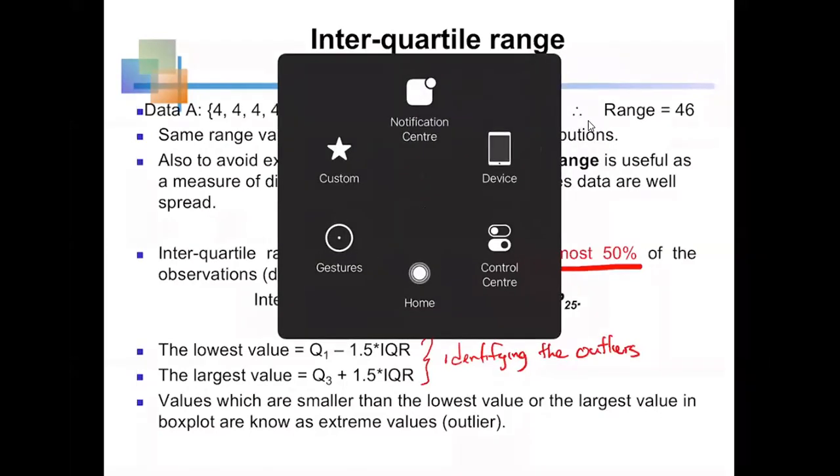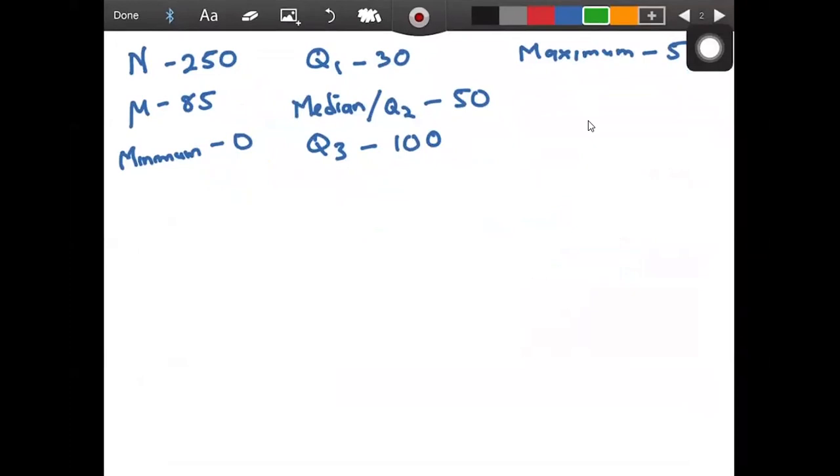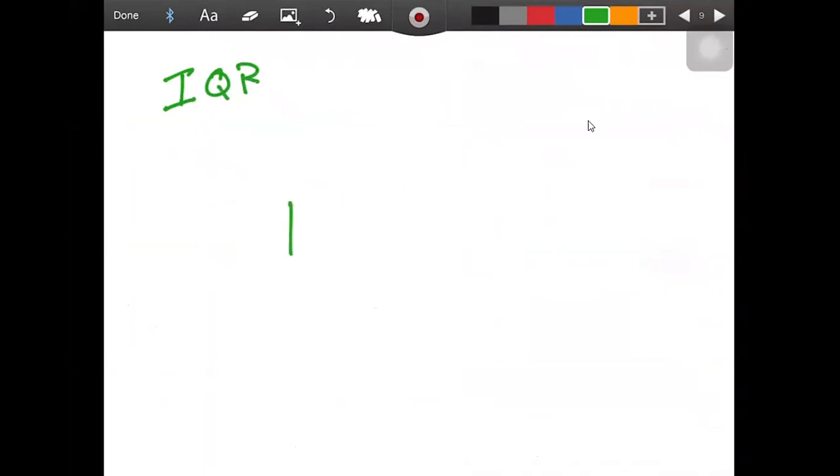So how it works, for example, this is interquartile range. I draw a box plot. This is what we call a box plot.